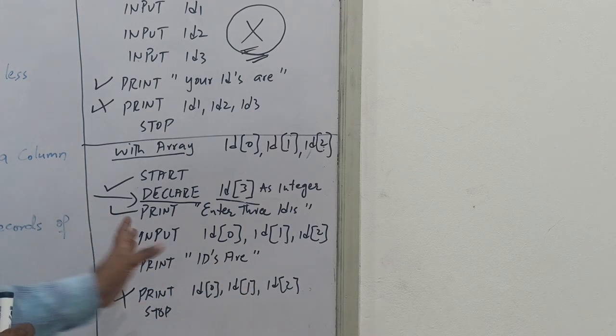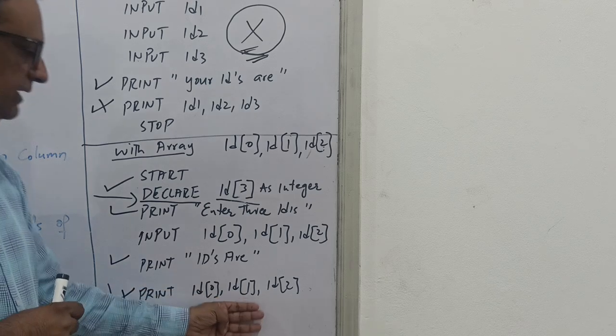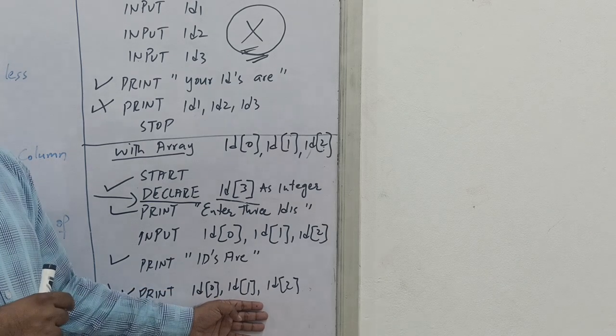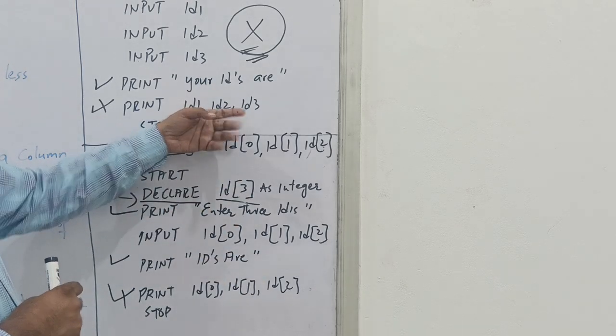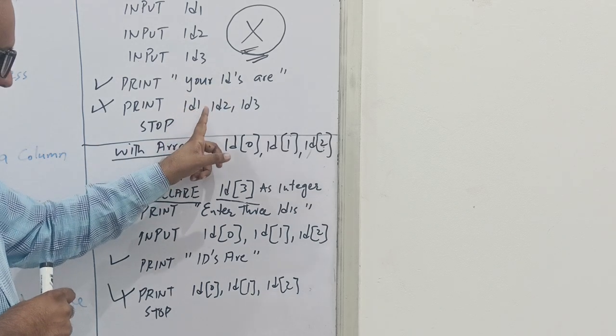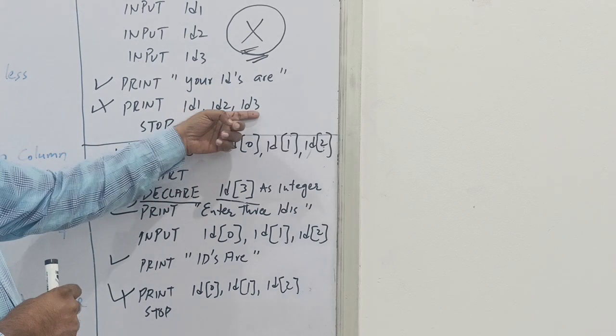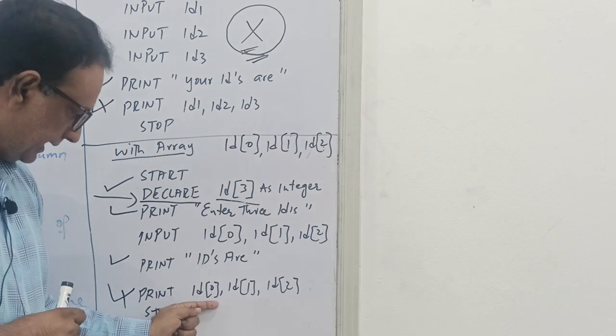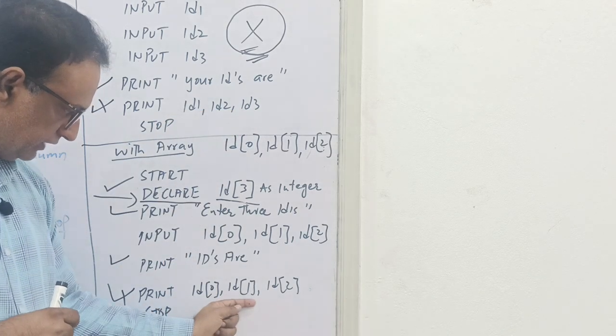When there are brackets, that means it is the technique of arrays. And when there are no brackets, this is the simple method.